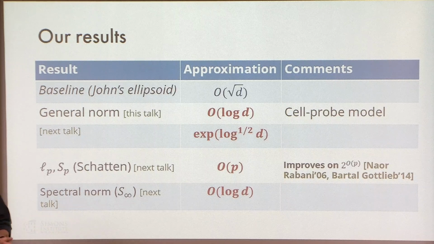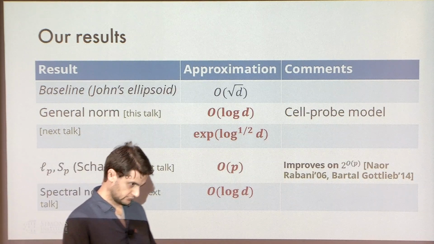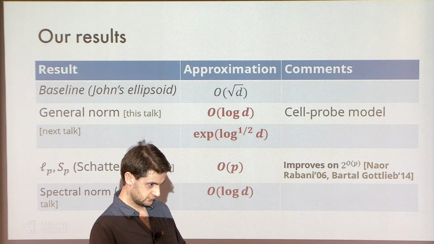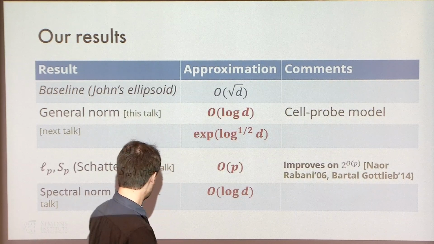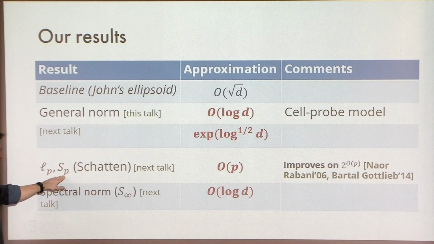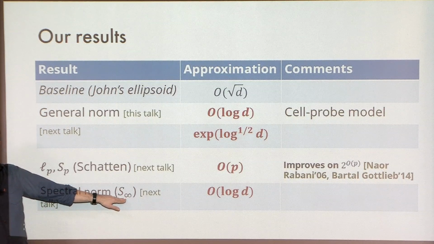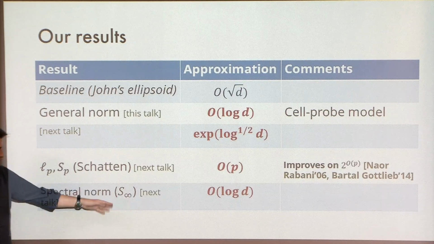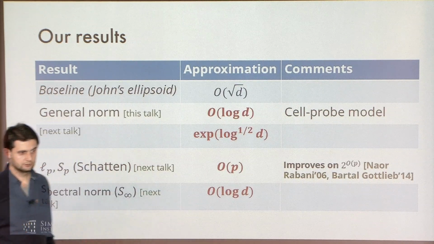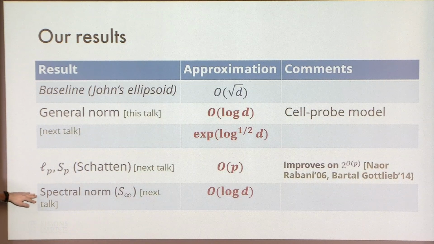Questions? So the result with the Schatten norm is independent of d, so you can have arbitrary dimension? Yes. Schatten infinity is pretty much the same as Schatten log d up to a constant factor, therefore you get order log d. This is not really a separate result from this one, it just follows.